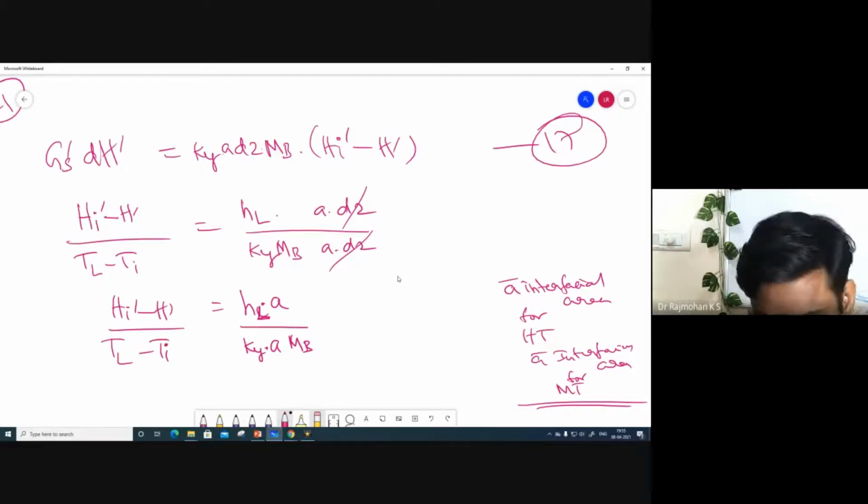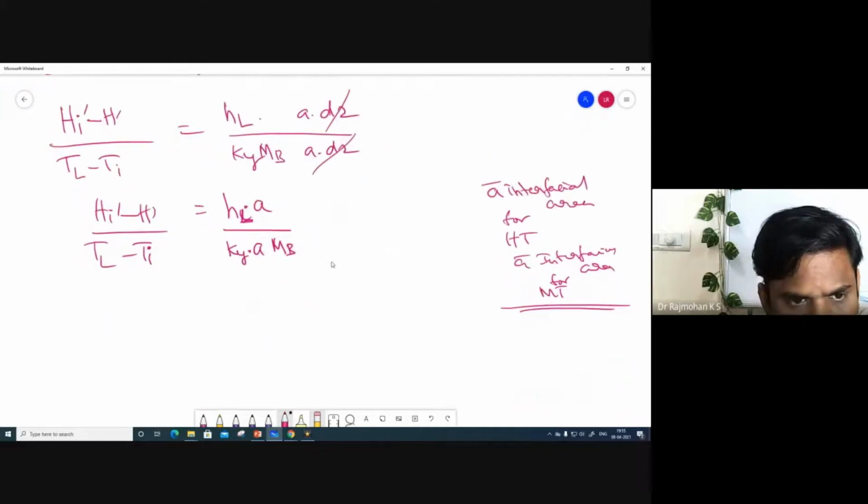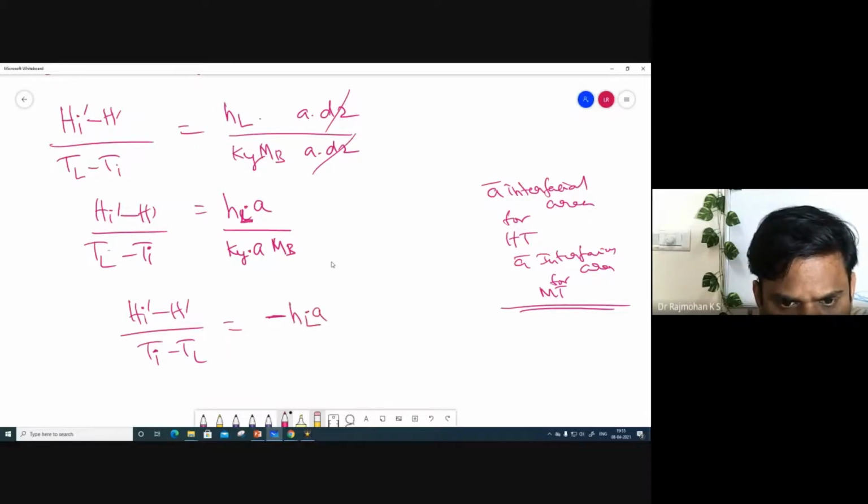If I reverse this, what will happen? (Hi' minus H') by (Ti minus TL) is equal to minus hL into a divided by ky into a Mb.